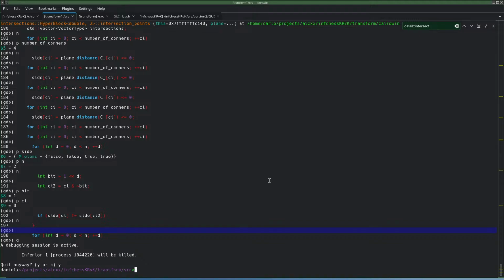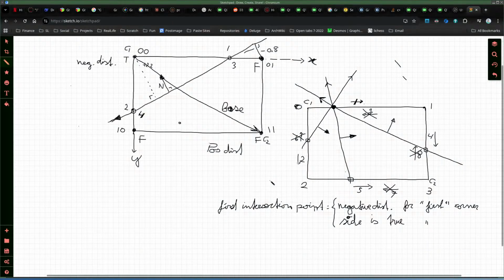Let's now implement my idea that I had. So I think that if we only insert the first intersection point if the side is true for the outer loop one, yeah.